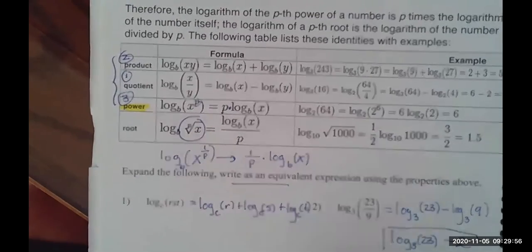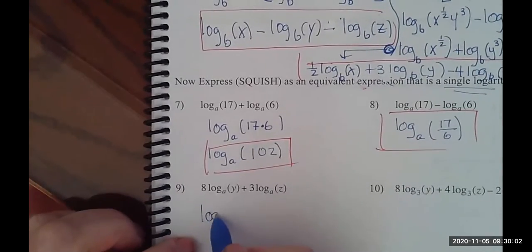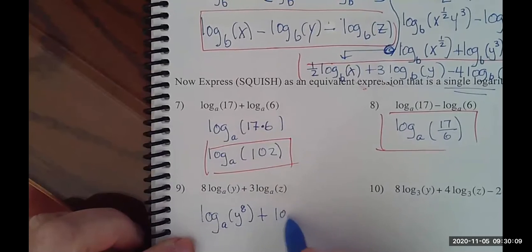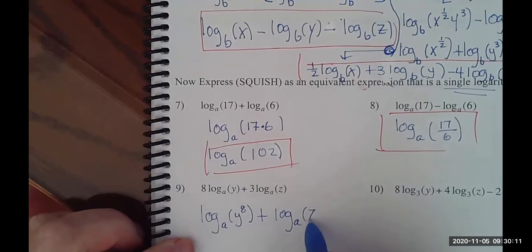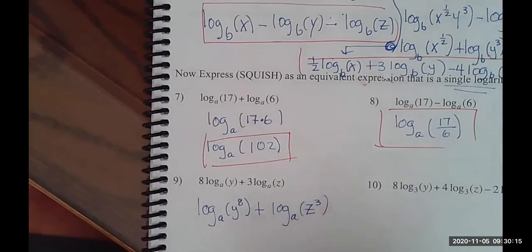So what's first? Squish the power first. So I'm going to put this up as log base a of y to the 8th, still plus log base a of z to the 3rd. And then finally, push that together.